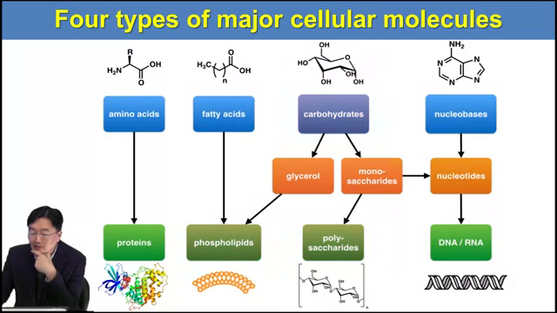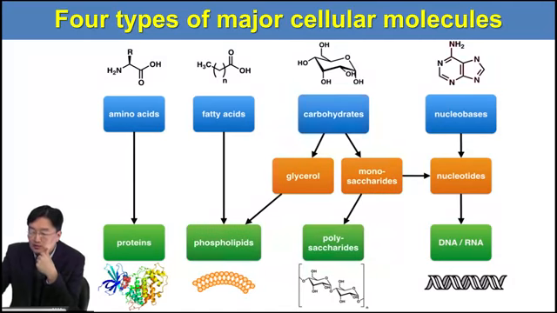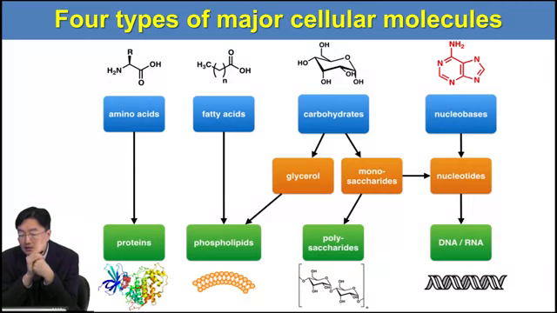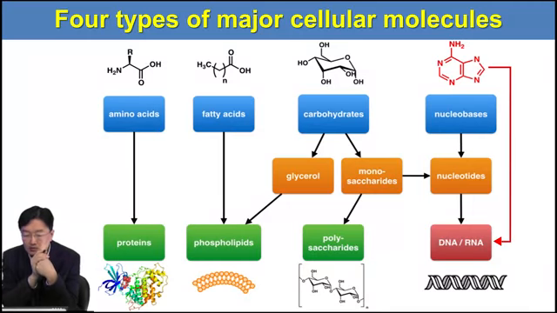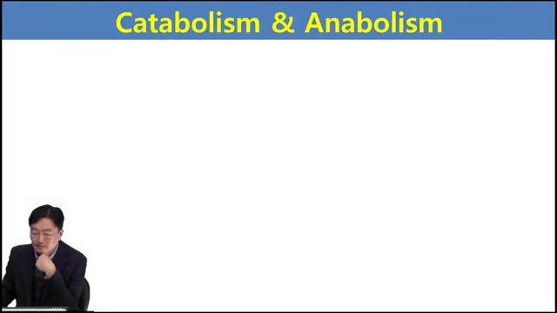They can be further linked to other backbones and polymerized into polysaccharides. The last one is nucleic acid, those nitrogen-containing bases, the core element of the genetic material of your genome, and RNA. Those four major macromolecules are the main chemicals in your cells.